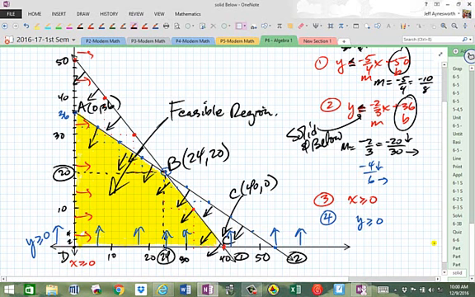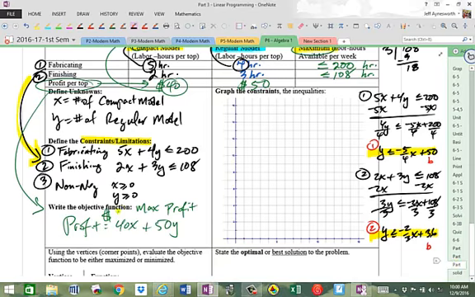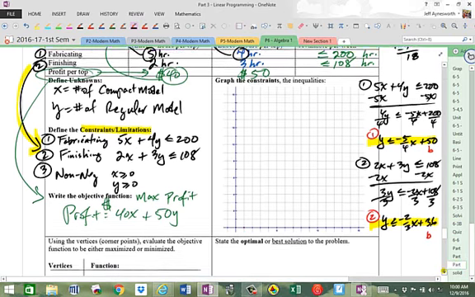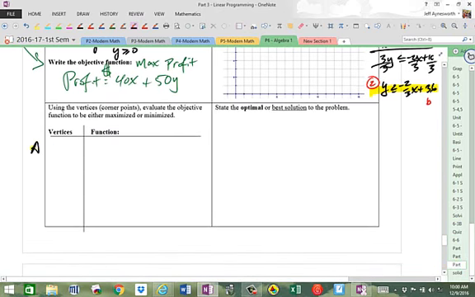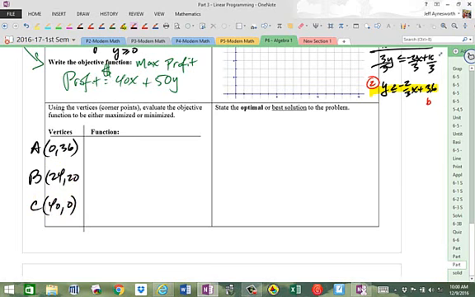Okay, so here we go. Finishing up now, we have A, which was 0, 36, B, which was 24, 20, C, which was 40, 0. Which one maximizes profit? So let's take this profit function here. It's 40 times whatever x is plus 50 times whatever y is, and let's figure out our profits.